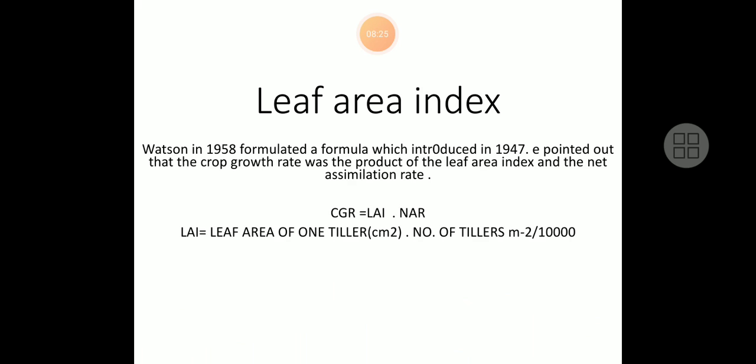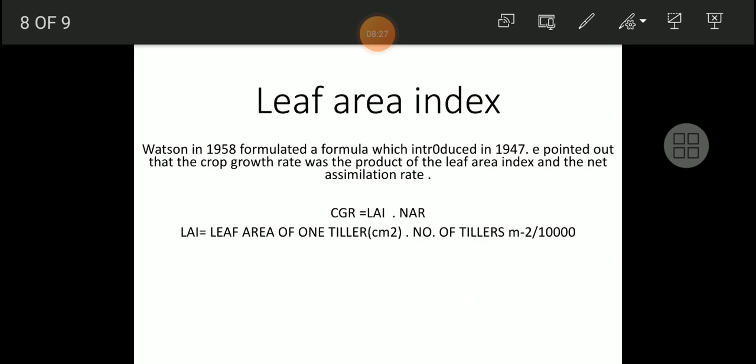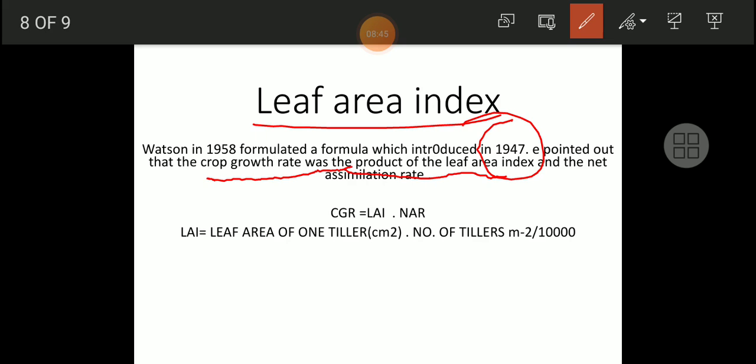Now leaf area index, a very interesting index. Watson is the name of the scientist who introduced this in 1947. He pointed out that the crop growth rate was the product of leaf area index and net assimilation rate.